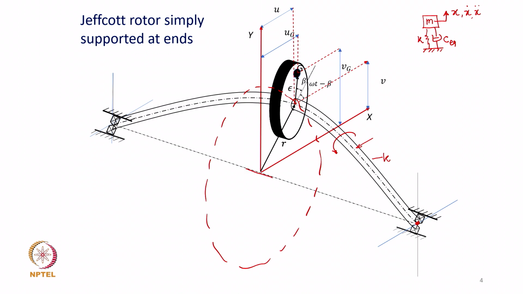So, the displacement or the vibratory motion can be considered in these two directions, horizontal and vertical. So, I can have displacements along x as well as y.